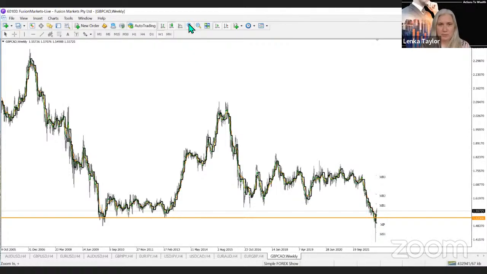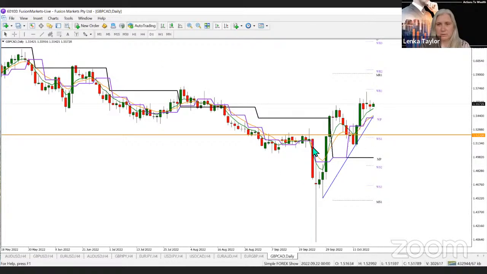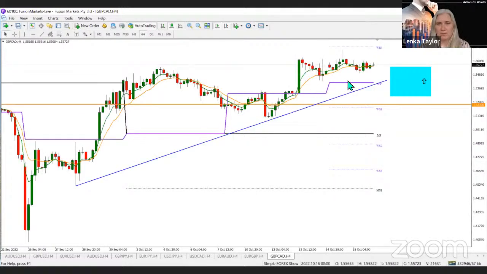So it was rejected quite quickly and is now back above that level. So looking for any pullback on the 4-hour time frame to the previous trend line or the weekly pivot, and then looking for long opportunities if it does continue in the upward and away from that level of support.